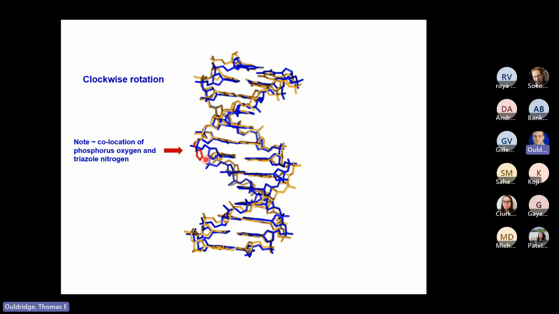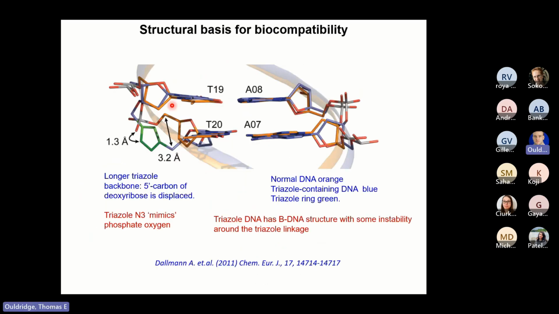But one thing that's interesting, which I think is on the next slide, is that one of the phosphate oxygens of the phosphodiester of normal DNA is quite close to one of the nitrogens of the triazole when you overlay it with the triazole containing DNA. And these are both potential hydrogen bond acceptors.